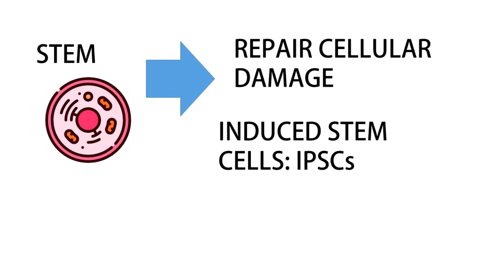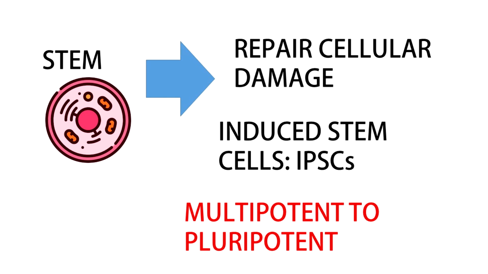Researchers have recently developed induced pluripotent stem cells, or iPSCs, from mouse and human adult stem cells. These cells are genetically reprogrammed multipotent adult cells that function like embryonic pluripotent stem cells. They are capable of generating cells characteristic of all three germ layers. One of the most exciting possible uses of stem cells is in bioengineering new organs.